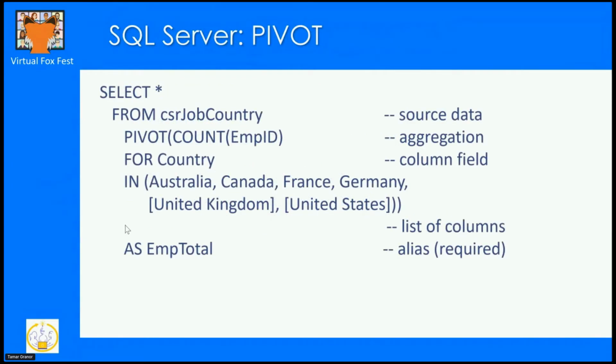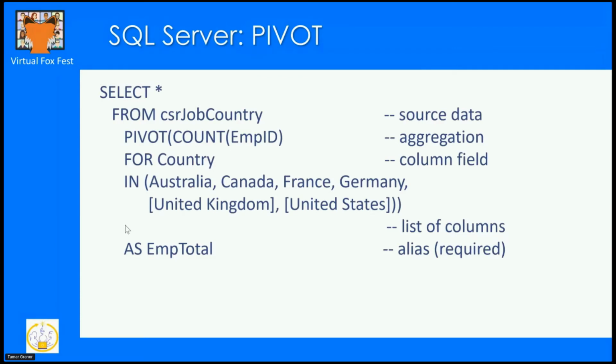Let's talk about SQL Server. SQL Server also lets you do what we've been calling crosstab. It calls it pivots. And it's the same basic idea. You take some data, you turn the data from a column into actual columns, and you aggregate something.